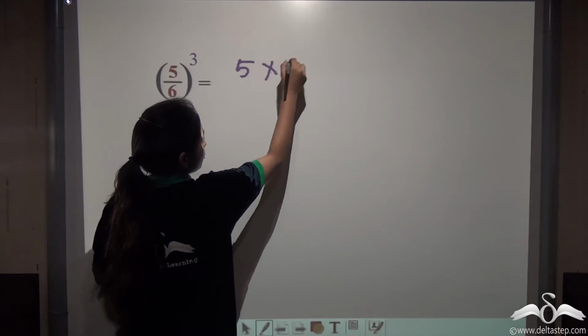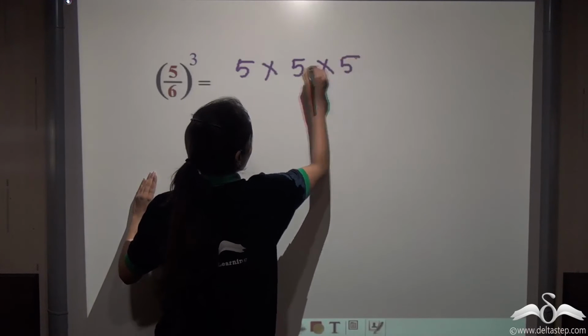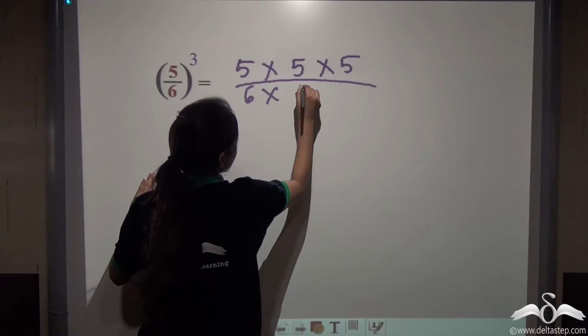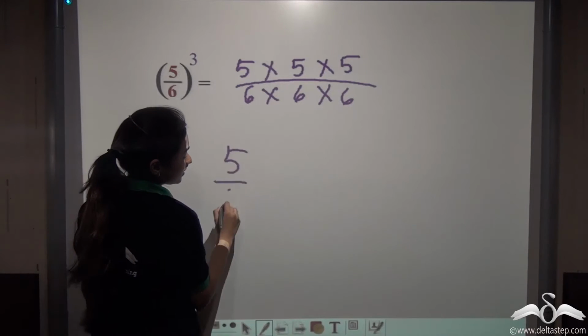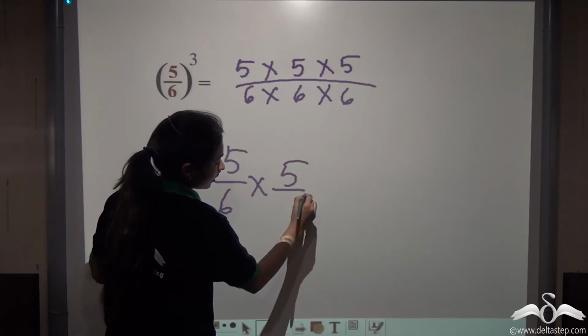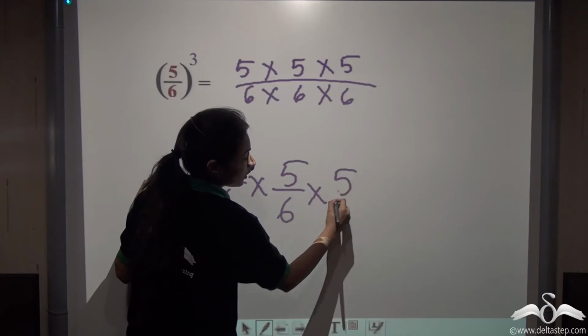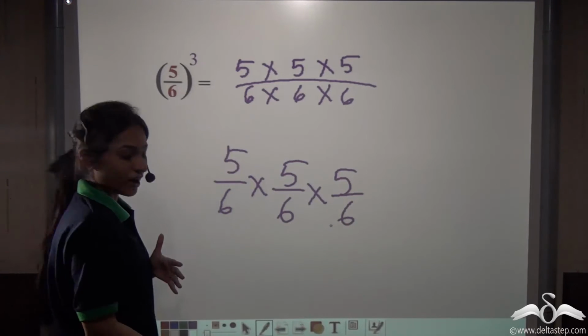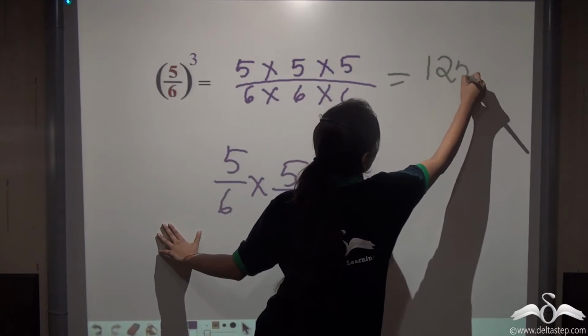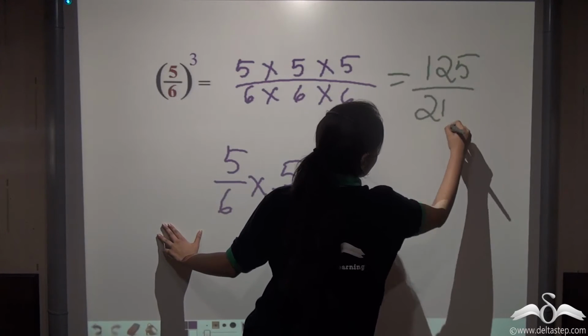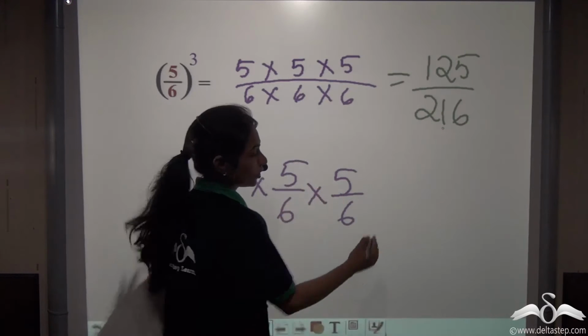So 5 into 5 into 5 by 6 into 6 into 6. And I told you can even write it as 5 by 6 into 5 by 6 into 5 by 6. Both will give you the same answer. Find out the answer. Similarly, here also you'll get the same answer.